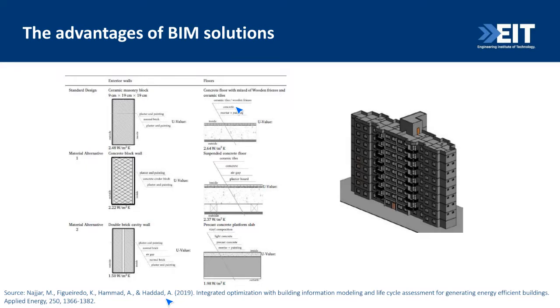So I only put some examples here in this slide, but we tested several alternatives about walls, floors, ceilings, windows, doors. And these alternatives were tested and compared in this case study via simulation in Revit, okay?